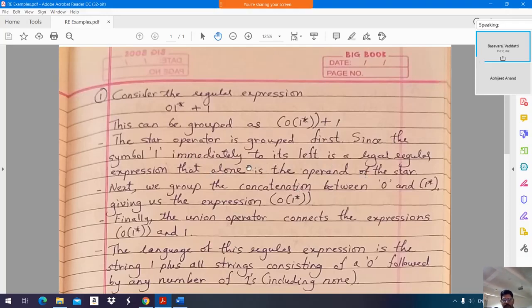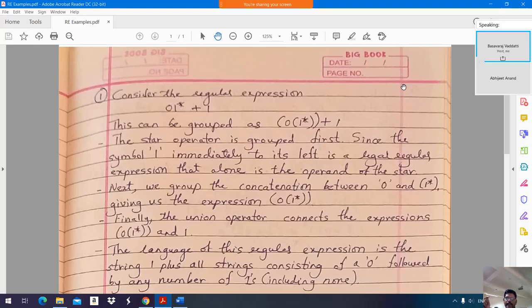Look at here, most important point. 1 is the only operand of the star. And remember, the star is a unary operator. You have studied in C language something called unary operators, binary operators, and the ternary operator.